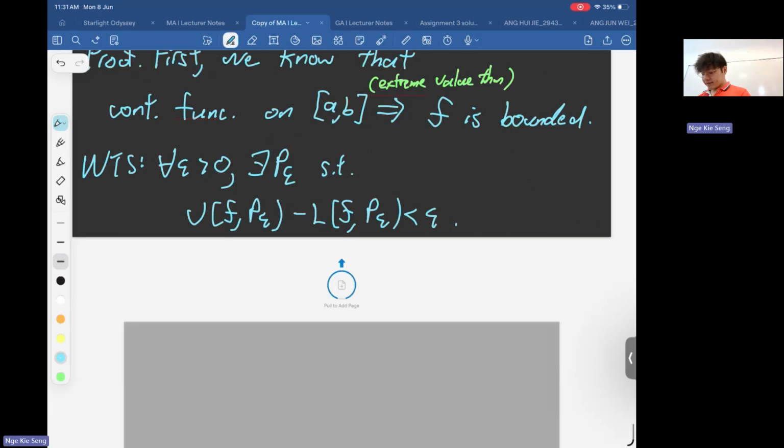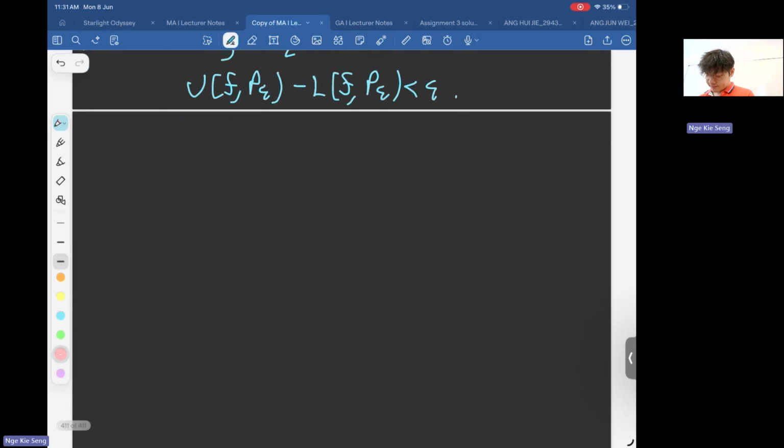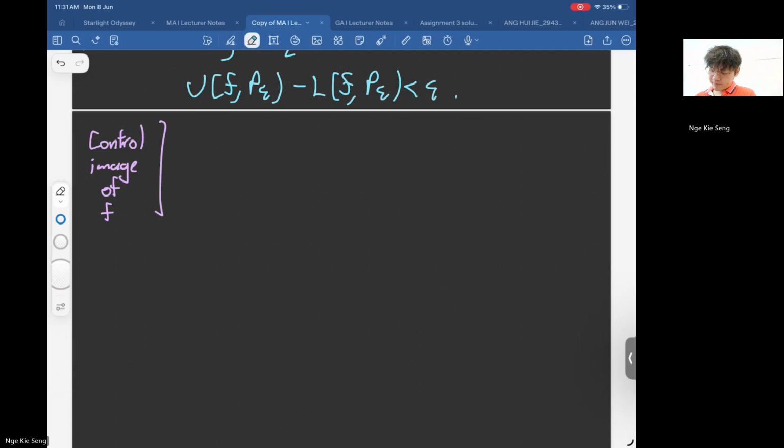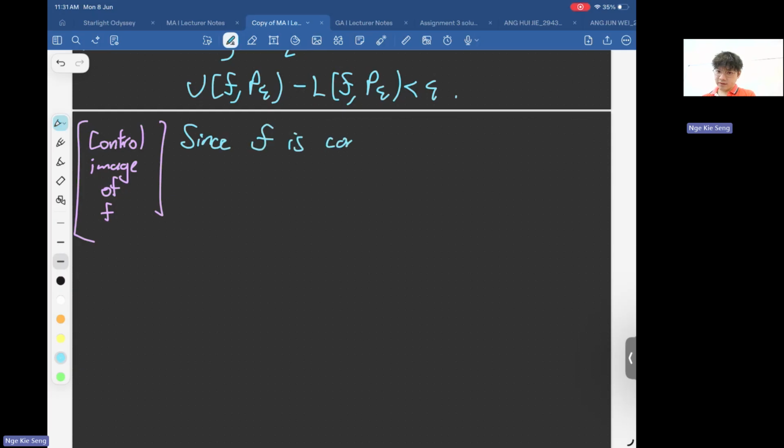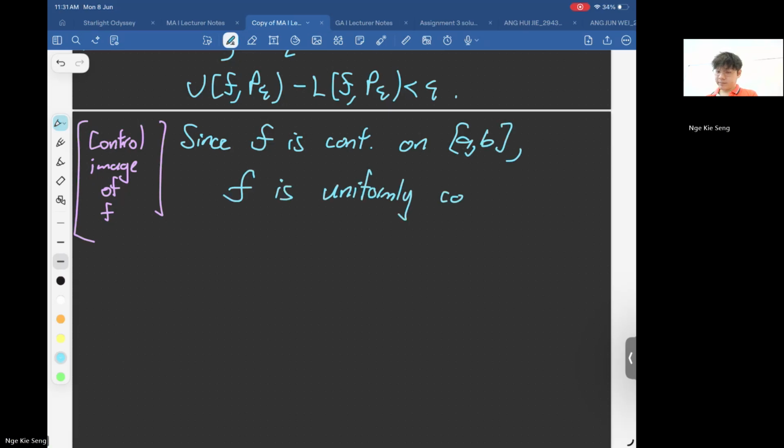So to do that, the first thing we will do is control the image of f. How do we control it? Since f is continuous on the closed interval [a, b], f is uniformly continuous. Why do we need uniform continuity here? Let's recall the definition.